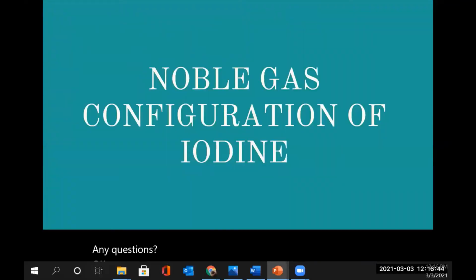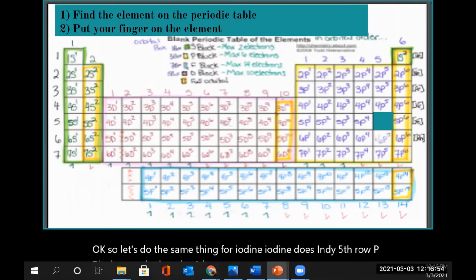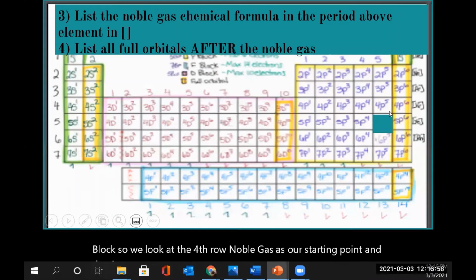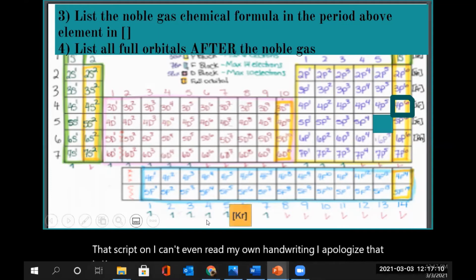Okay, let's do the same thing for iodine. Iodine is in the 5th row P block. So we look at the 4th row noble gas as our starting point, and that is xenon. Sorry, that's not xenon, that's krypton. I can't even read my own handwriting. I apologize. So we start with krypton in brackets, Kr.